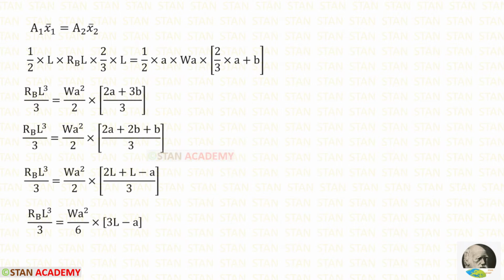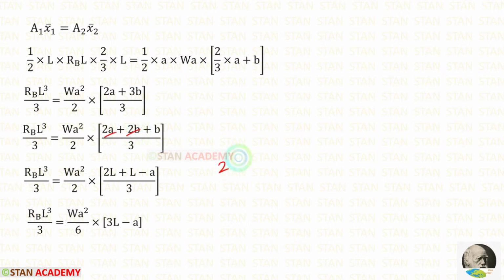We know that area 1 x1 bar is equal to area 2 x2 bar. Just before, we have made the expressions for both of them, so let us apply them. We can eliminate 2. L into L into L, we will get L cube. A into A, we will get A square. Here we can take LCM. 3 into B, we will get 3B. We can write 3B as 2B plus B. In these two terms, 2 is common.